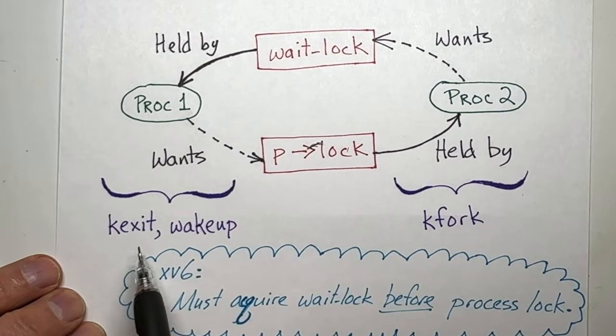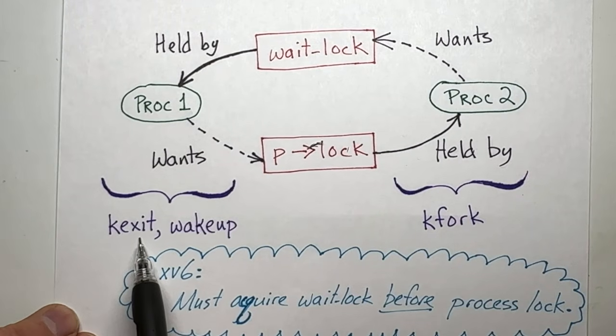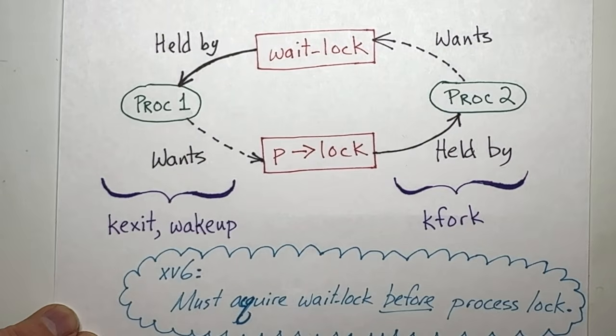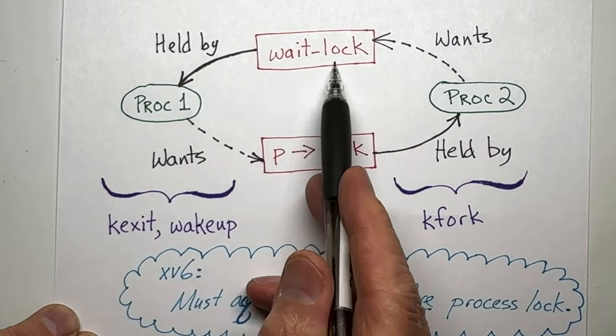Kexit is used to terminate a process, and as part of that, it must take all the dying process's child processes and move them to a new parent process. To modify parent pointers, it must first acquire a lock called waitLock.